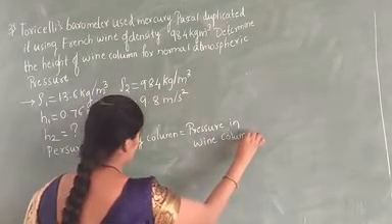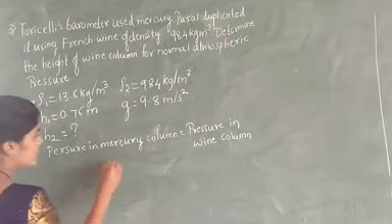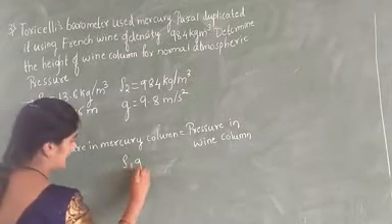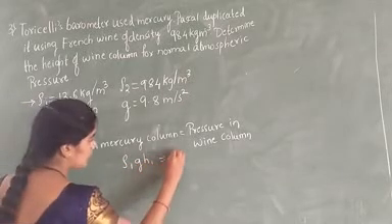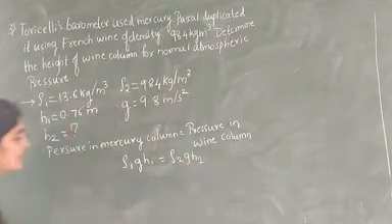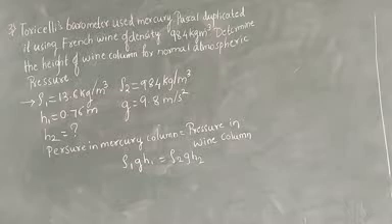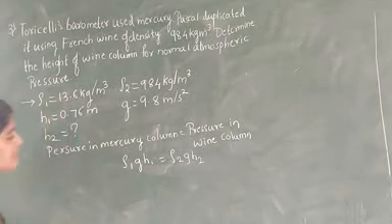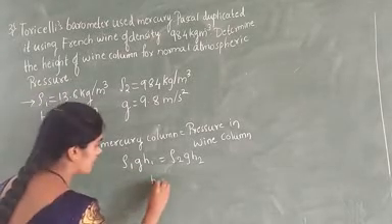Now by using this we can write the formula as rho 1 G H1 is equal to rho 2 G H2. Now here we have to calculate the height, that is the height of the wine column, H2 is equal to question mark.